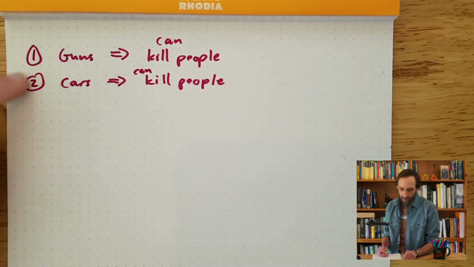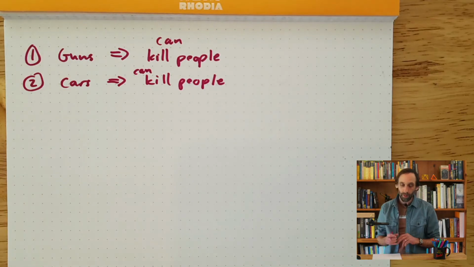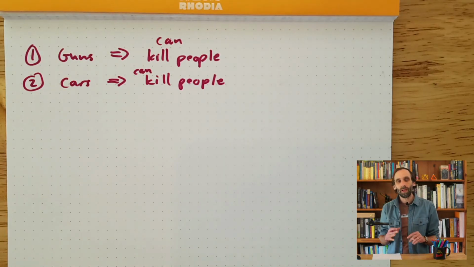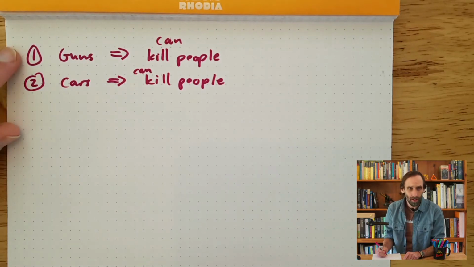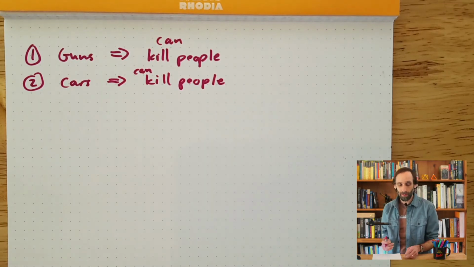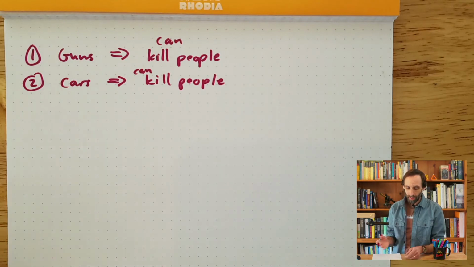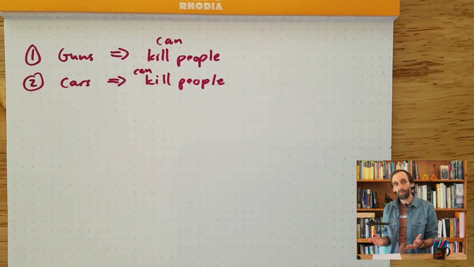So both of these statements are true, of course, right? Guns can kill people, cars can kill people. But the issue is sometimes you'll hear it go to the next step of, okay, so if we're going to ban guns, then are we also going to ban cars? Or if you're not going to ban something like a car, then you shouldn't be banning a gun because they're just both things that can kill people.